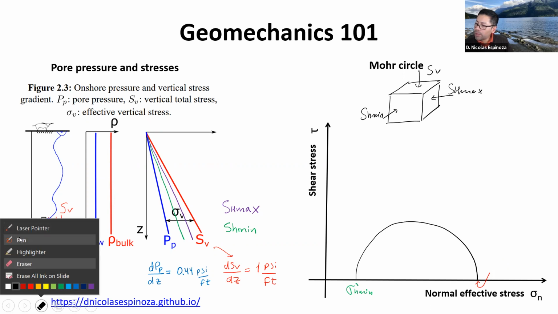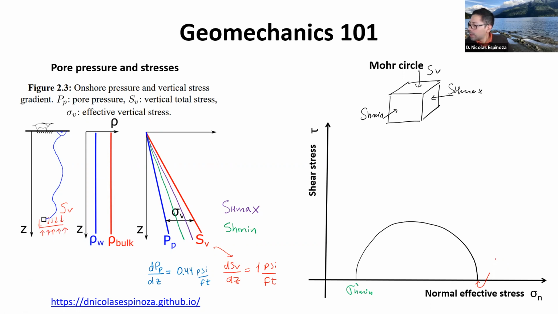So if you have any question, please go ahead as I continue writing these parameters, and this is going to be half of my Mohr circle. The size of the Mohr circle is very important because the bigger the diameter, the more shear I have. The more to the right it is, the more compression I have.